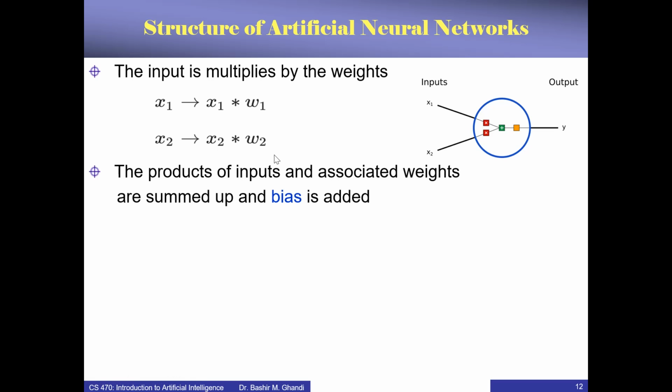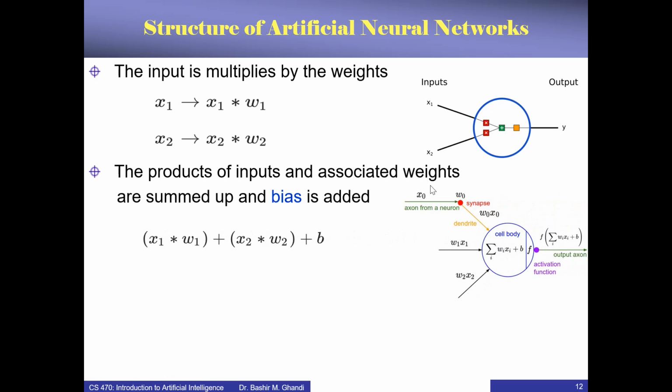The products of inputs and associated weights from different input lines are summed up together, and then a bias is added. So we have multiplied each of x1 and x2 by a certain weight, now add them together, and also add a bias.